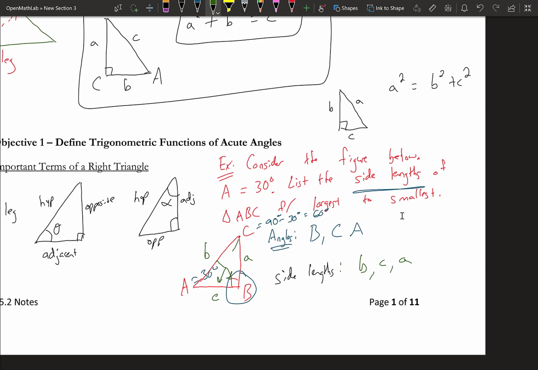C is 60 degrees, so there's going to be more of an opening, so there's going to be a bigger distance for that side length. That's an important thing to note for the class, so make sure you're comfortable with that. And if it's not making sense, let me know, and I'll be glad to go over it differently with you.